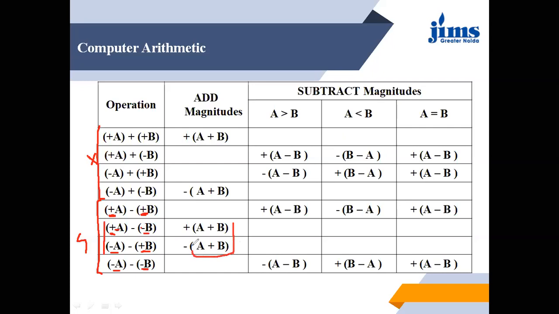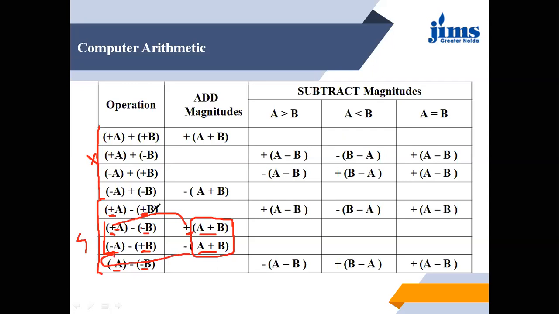We have to find the subtraction by adding A plus B, by adding both the numbers, and the sign of the result will be the sign of A, and in this case also it will be the sign of A.